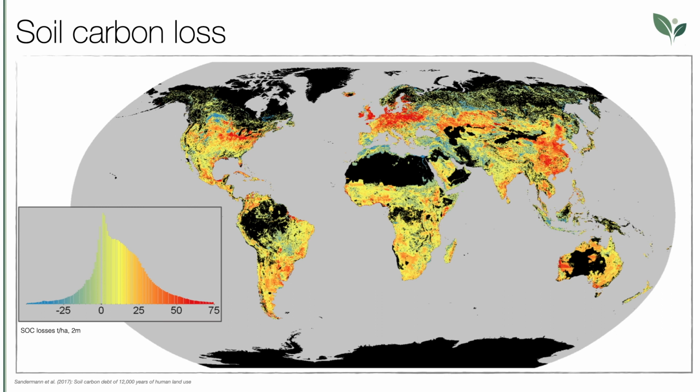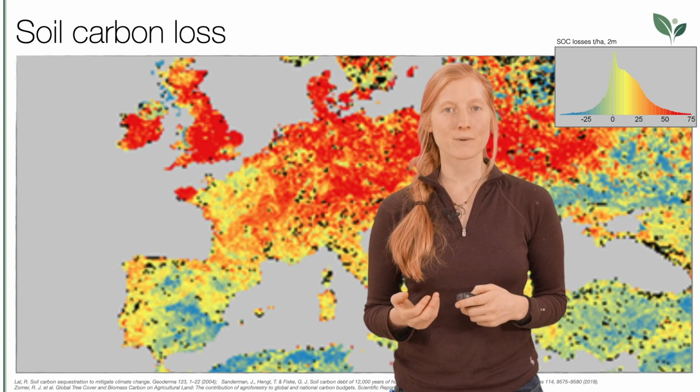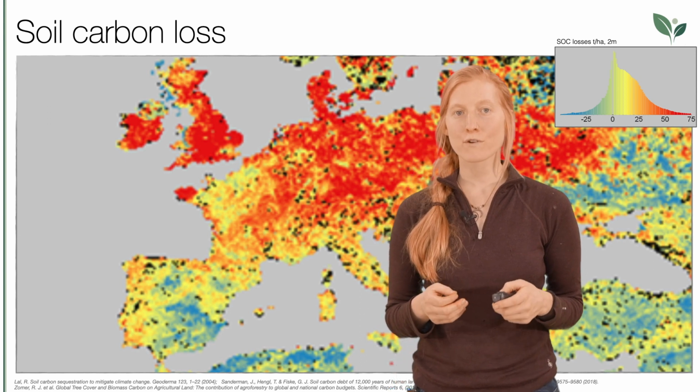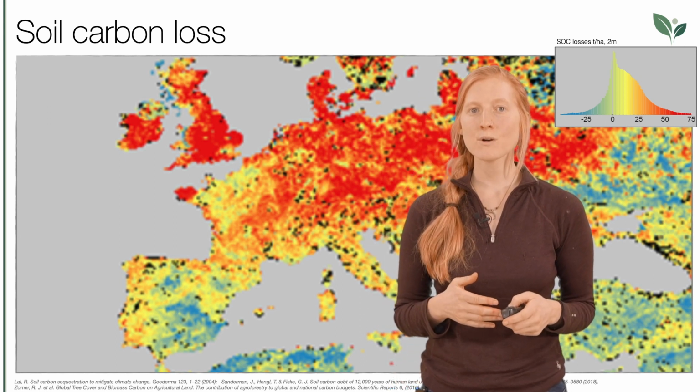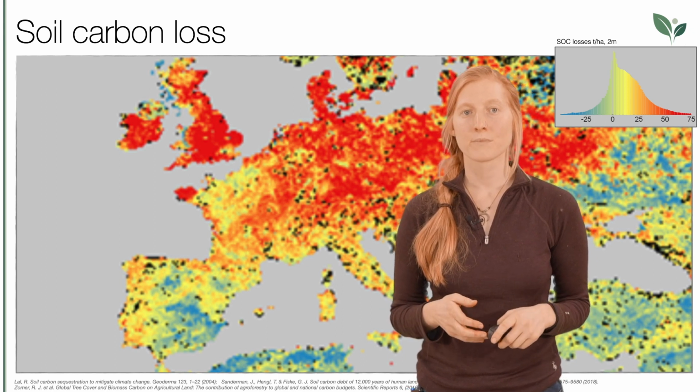Clearly visible are some particularly hard-hit areas in the world: the Central Asian region, Eastern China, the west coast of Australia, the northeast of the USA, southern Latin America, and Central Europe. From Ireland and England to parts of France, Germany, Poland, and further east, large areas show losses of well over 50 tons. So this is an issue that concerns all of us, including us here in Europe.